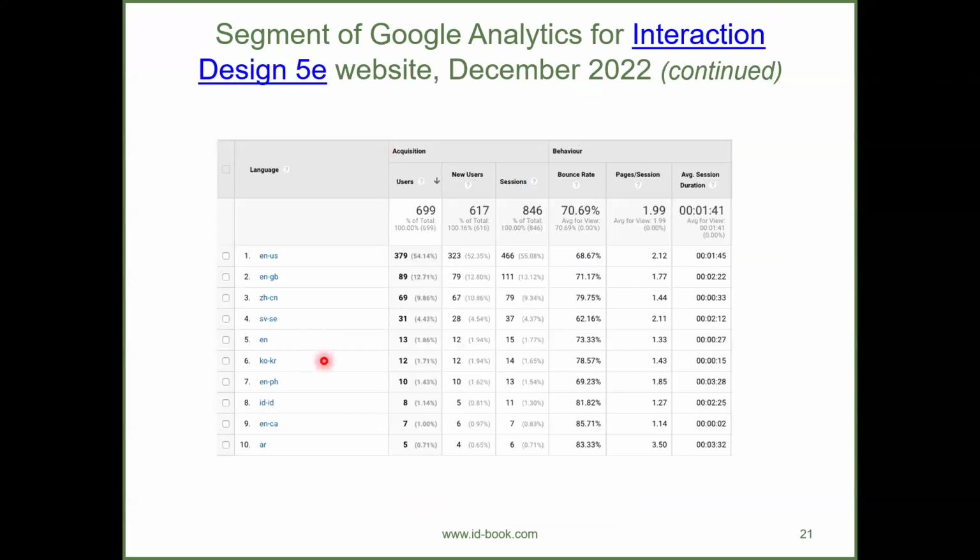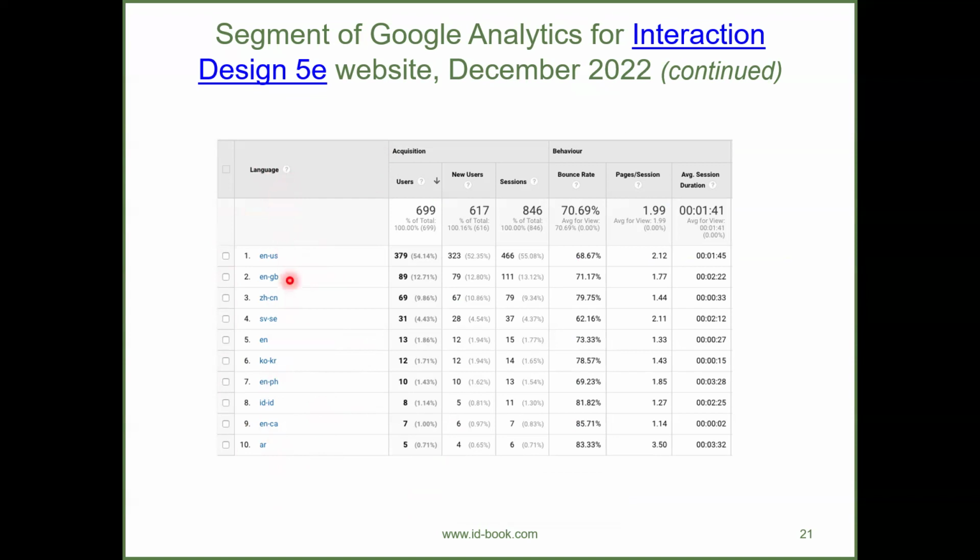Here is one more example, like how many of the users were accessing the page in English, in US English, and different languages, Arabic for example. So it's like language usage of the website.